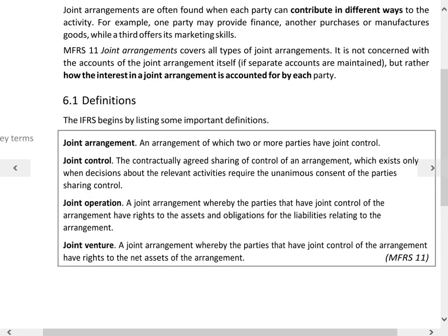The arrangement here is a joint arrangement, which exists only when decisions about relevant activity require unanimous consent of the parties sharing the control. So joint control is a sharing of control. No one party has more control than the other. Otherwise, we don't call it joint control.